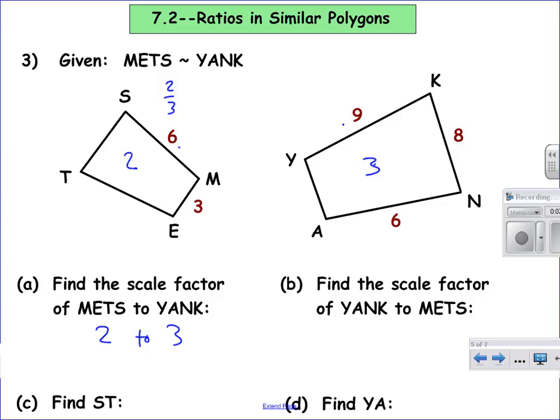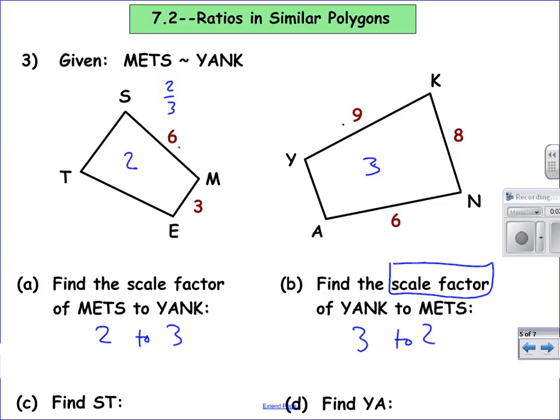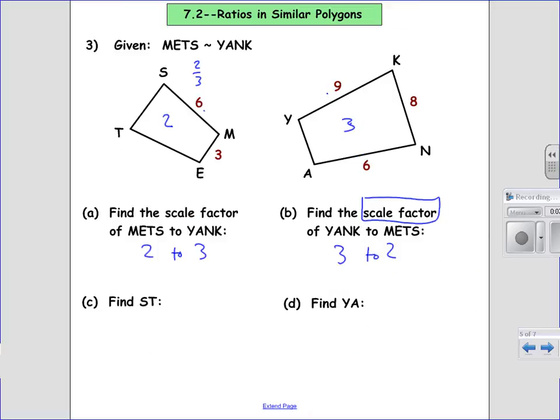Yang to Mets, well, I'm just going the opposite direction for my scale factor. Vocabulary word, scale factor. You need to know that, right? The scale factor is going to be, for this guy, the large to the small. Okay? So now I can use that to go ahead and set up proportions to find ST and YA.